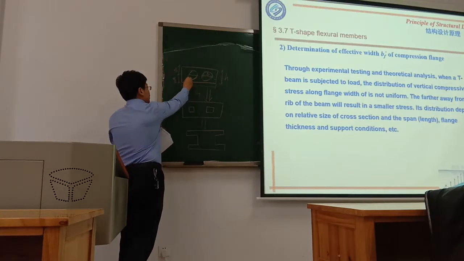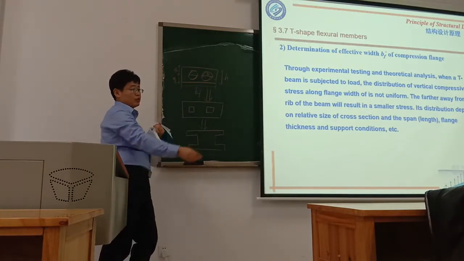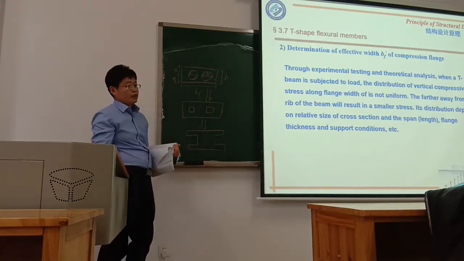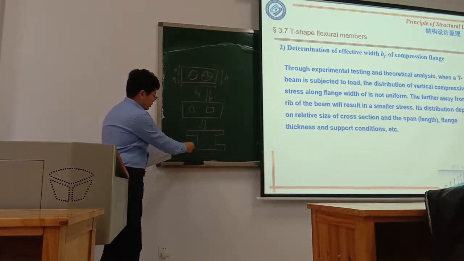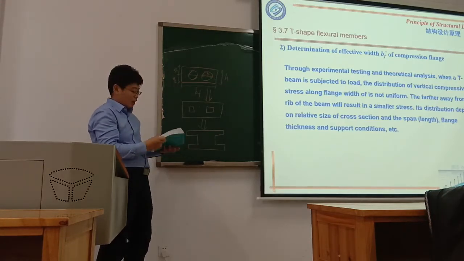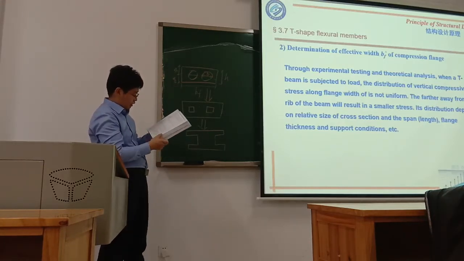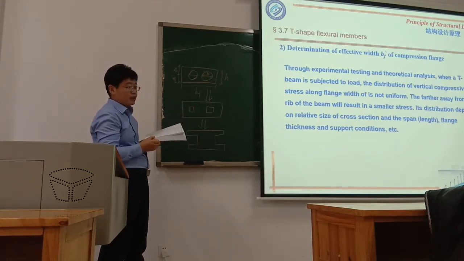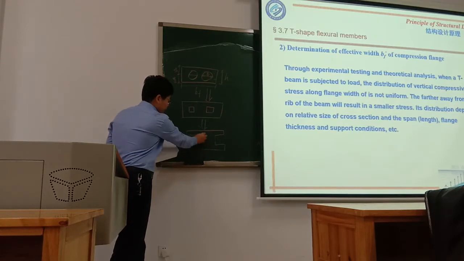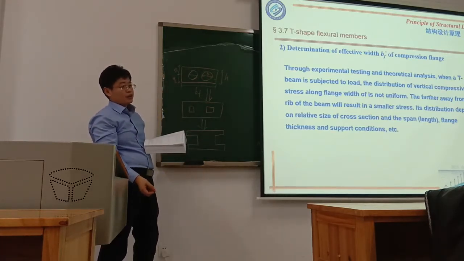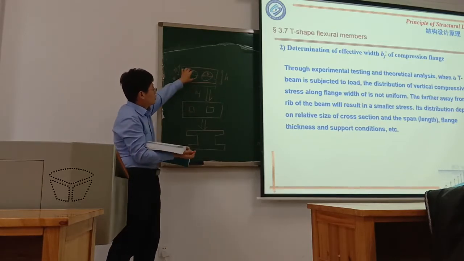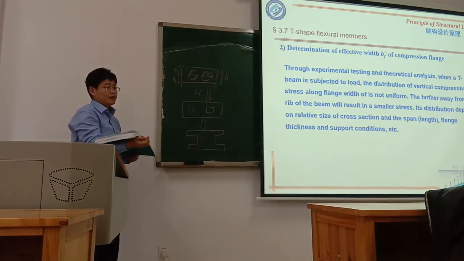So from this rectangle with the hollow circle, and then to this shape, we call this the equivalent. So how do we make this equivalent cross section? Because this one is easy to calculate, but this one with the circle is a little bit complicated.